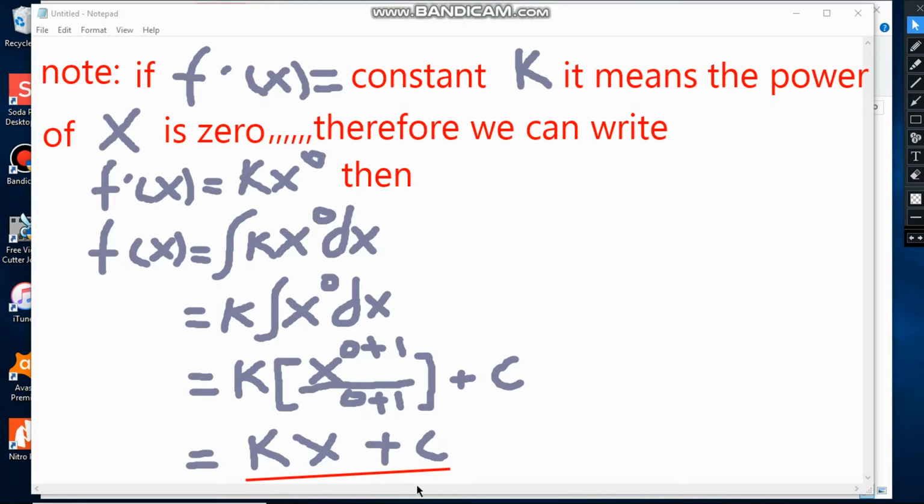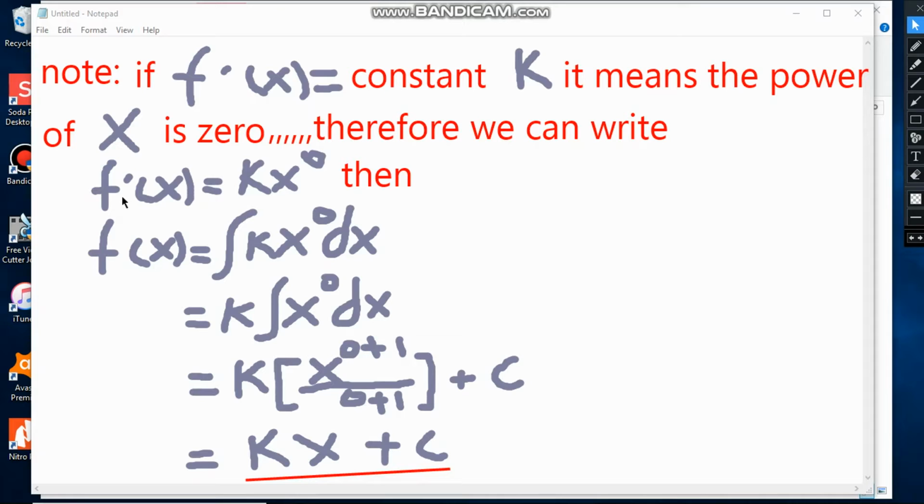I try to show you this because you can use the general formula as well for f dash of x that involves a constant. You are not restricted to the general formula. Why so?